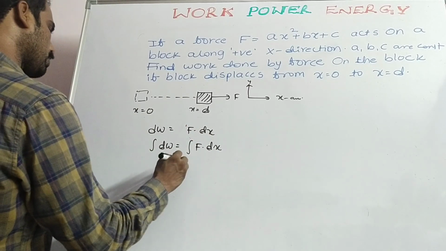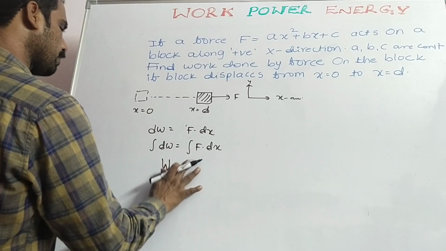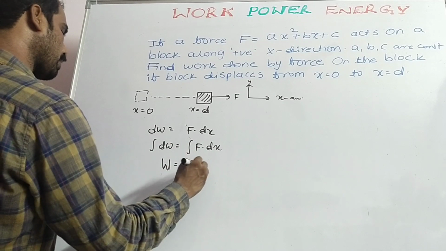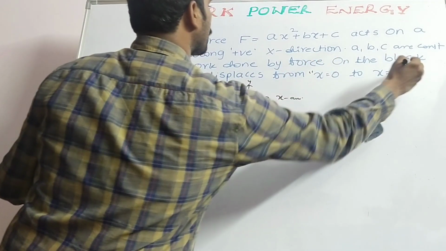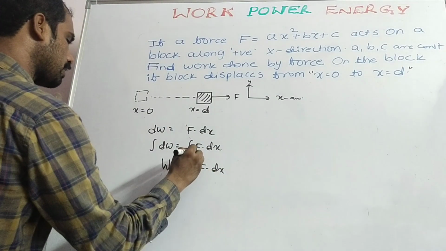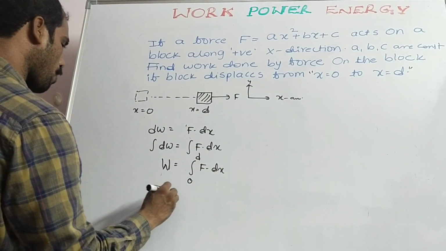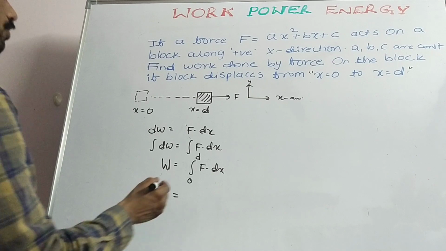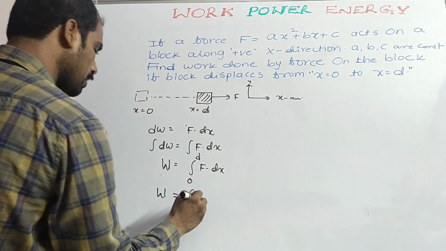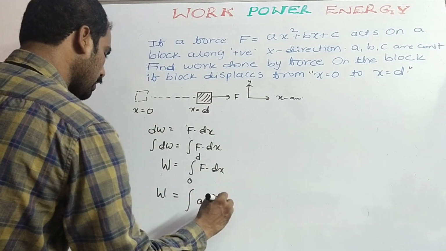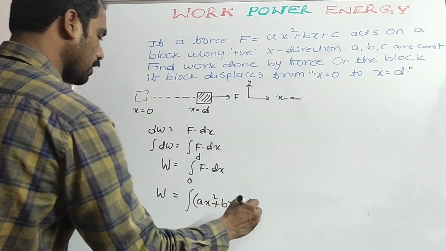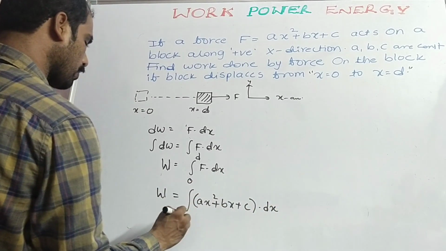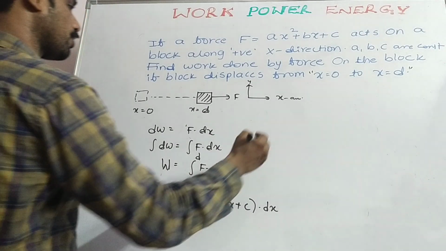Then W is equal to integral F into dx, where x changes from 0 to d. Now W is equal to integral of ax square plus bx plus c into dx from 0 to d.